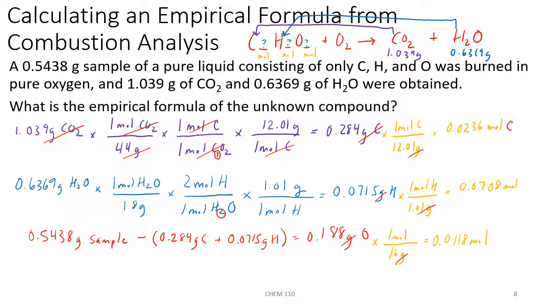Now that we have our moles of carbon, hydrogen, and oxygen, the next step in order to find an empirical formula was to divide by the smallest number and see if we got a small whole number ratio. In this example, the smallest number of moles is for oxygen. So we're going to divide all of our mole values by the moles of oxygen, which is 0.0118.